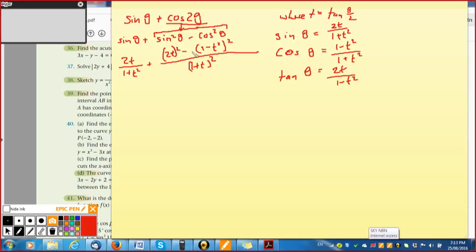Got it? Now, when you do that, what happens is you get 1 plus t squared. Sorry, this should be 1 plus t squared.